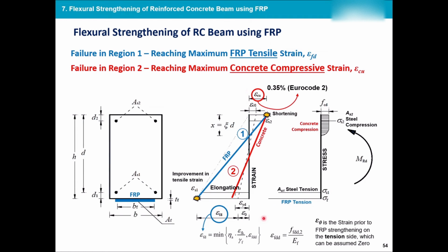This is the strain diagram, and this is the stress diagram. Hopefully you still remember how to draw these. If not, please review what you were doing. And we were always drawing this, if you remember, which there was the strain of concrete in the compression and the strain of steel in the tension.